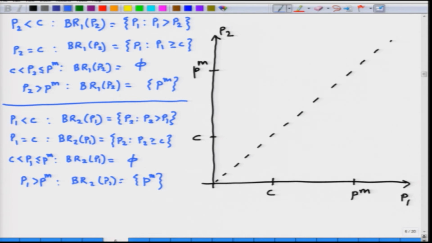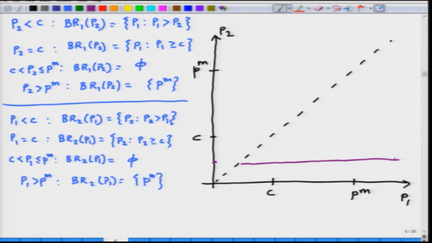So, let us start with firm 1's best response, for P2 less than C. Let us say P2 is somewhere here, P2 is less than C. If firm 2 chooses a price here, then firm 1 wants to choose a price which is strictly greater than firm 2's price. Any of these prices are valid.